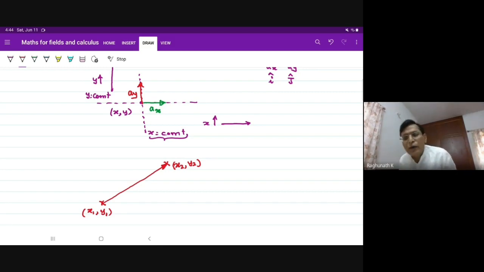Every vector you know is associated with two things, right? One is magnitude, another is direction. This vector x1 y1 to x2 y2 is also called as the position vector of the point x2 y2 with respect to x1 y1.